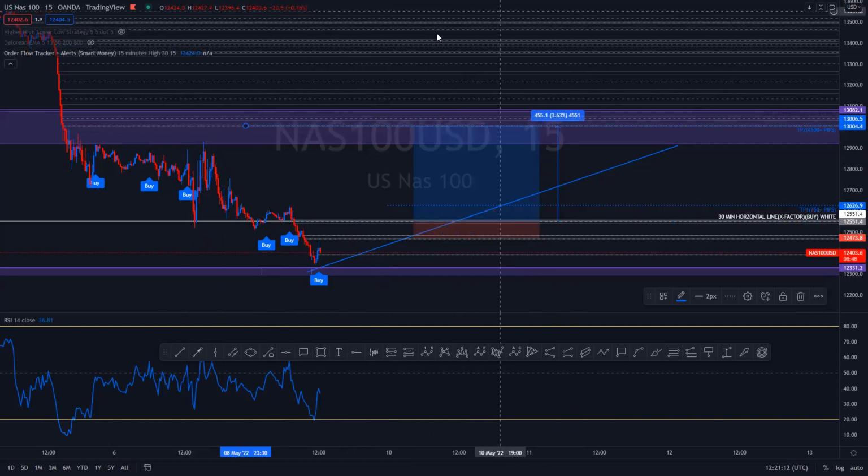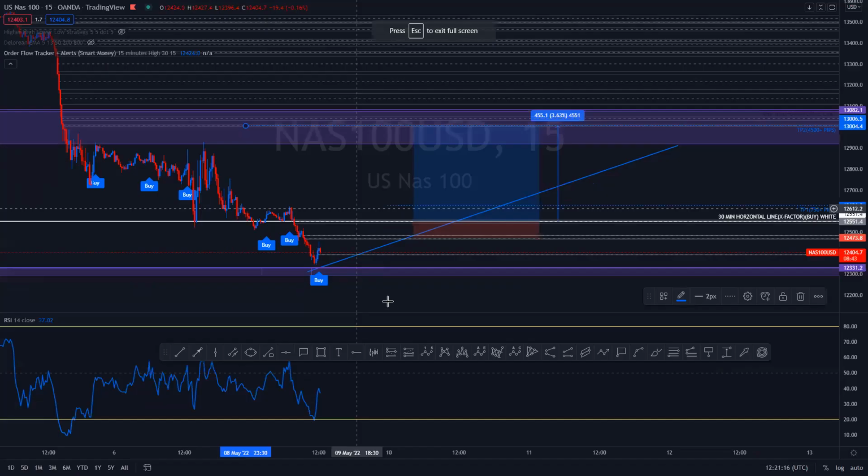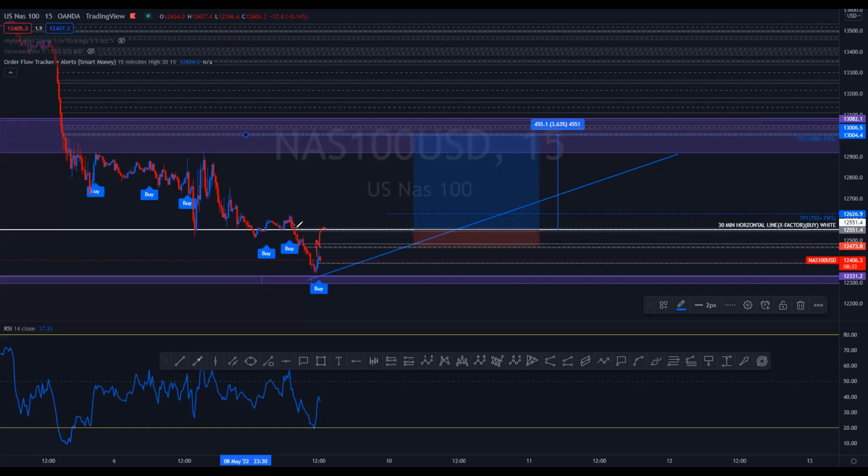Now, as far as the sell, I would have to see price fill this imbalance, drive price up here to sell half of this imbalance off, and then possibly sell it back down to here.